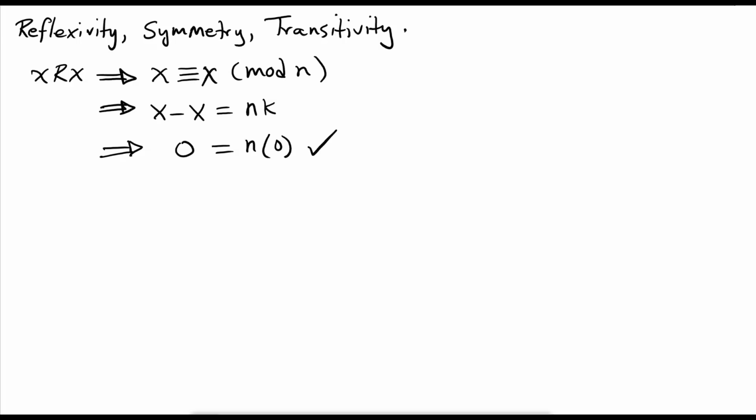Now we have to show that congruence modulo n is symmetric. So we're going to have to assume that x is related to y.